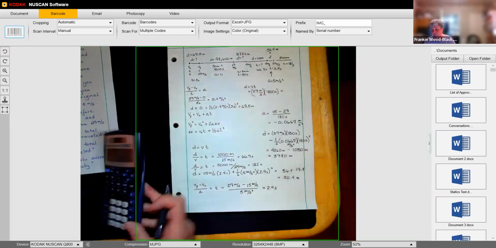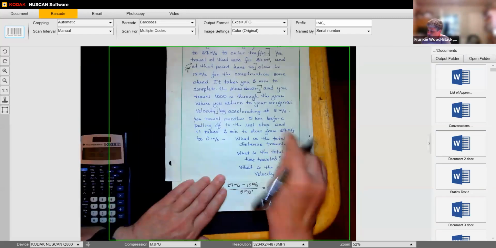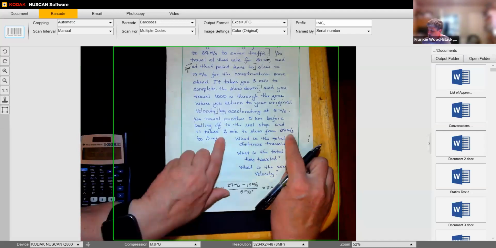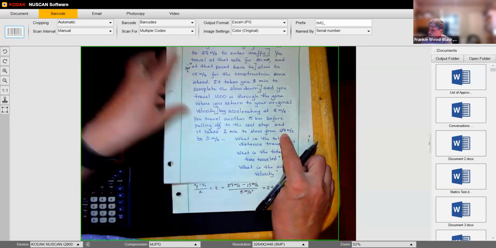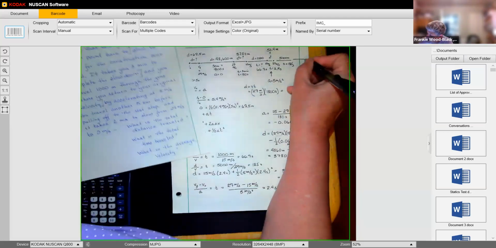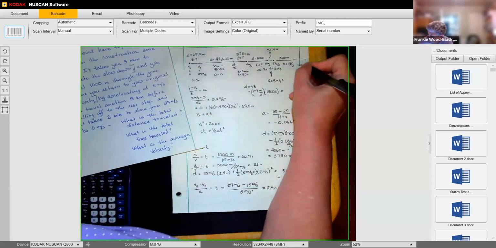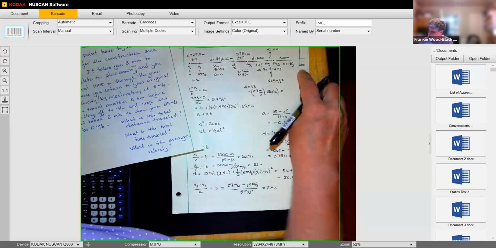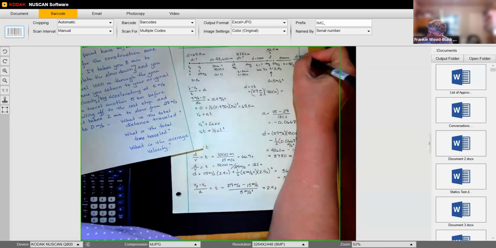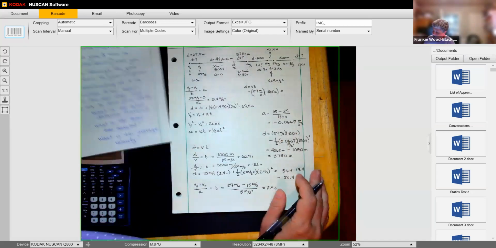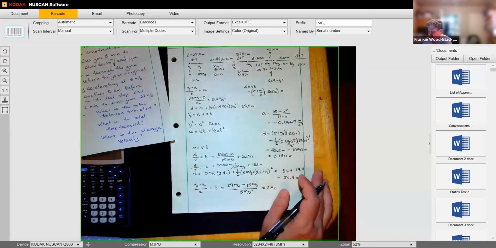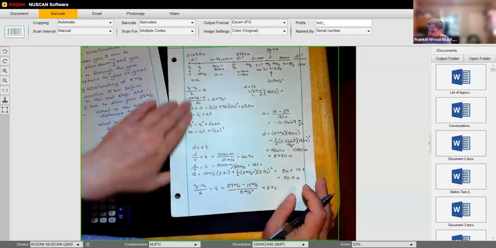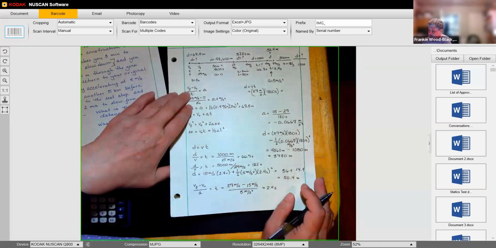And then the last part is it's going to take us 2 minutes to slow down from 27 meters per second to 0. So we know I've got time is 120 seconds because 60 times 2 is 120. We only have to figure out our distance now. And that's going to get us back to the fact that we've got to deal with our acceleration.